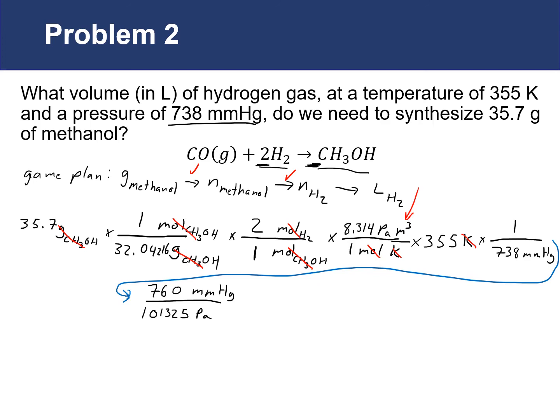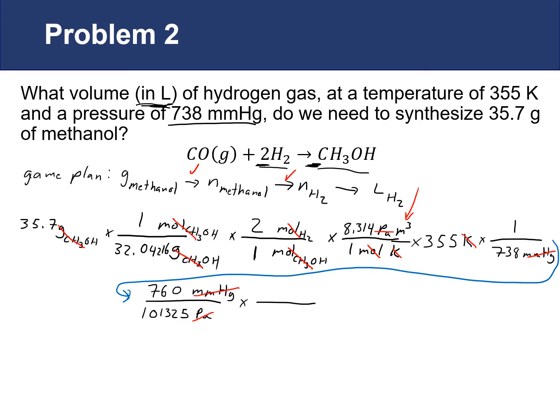Our millimeters of mercury will cancel out, and our pascals will cancel out, leaving us with the meters cubed. We want our answer to be in liters, and so we'll need to convert our meters cubed into liters.